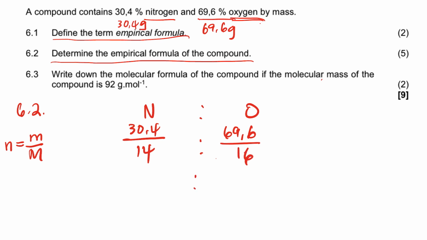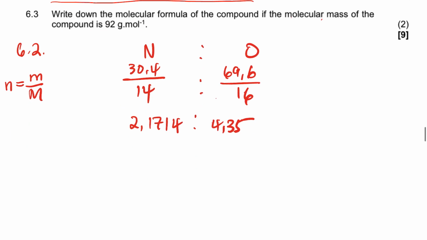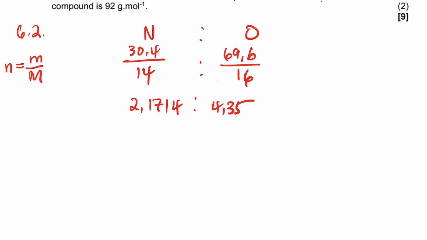So the answer here, when you punch this in the calculator, you will get 2.1714, and this side it's going to be 4.35. And then these are the number of moles of both. This is the number of moles, this is the number of moles. And then what you do, you take the smallest, which is this one.